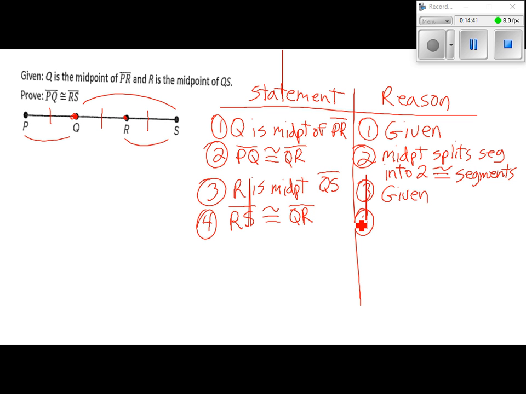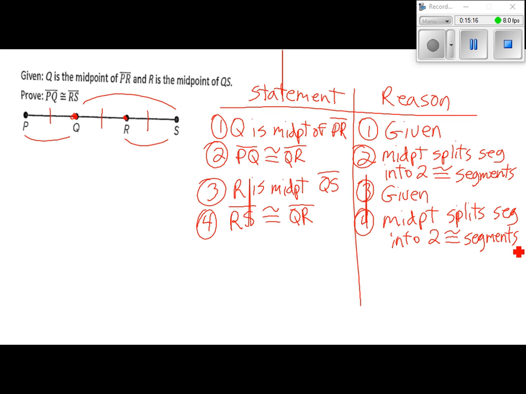The midpoint splits the segment into congruent segments.